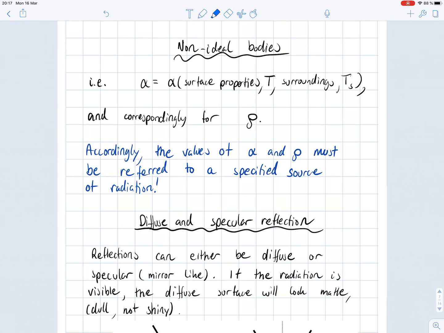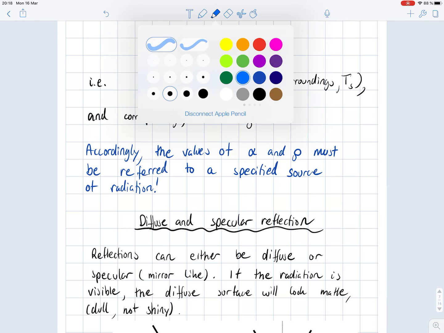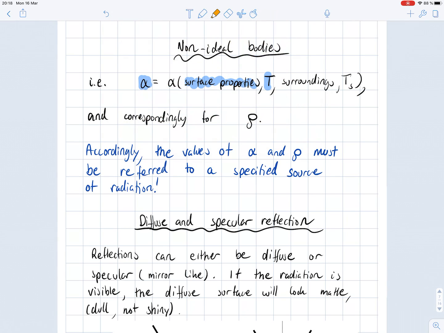So the absorptivity alpha is then a function of the surface properties and temperature of your surface and the properties of the surroundings and the temperature of the surroundings.